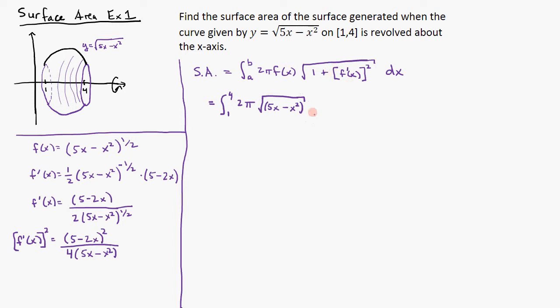And then this expression is the square root of 1 plus this quantity here, which we've already computed over here. So let's just plug it in: 5 minus 2x squared over 4 times 5x minus x squared.